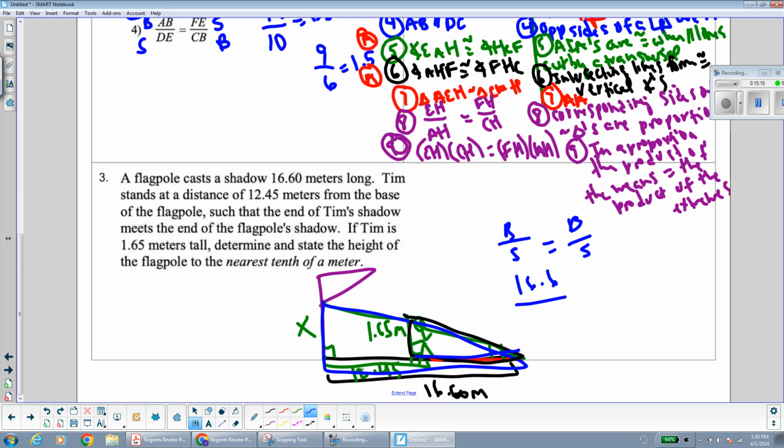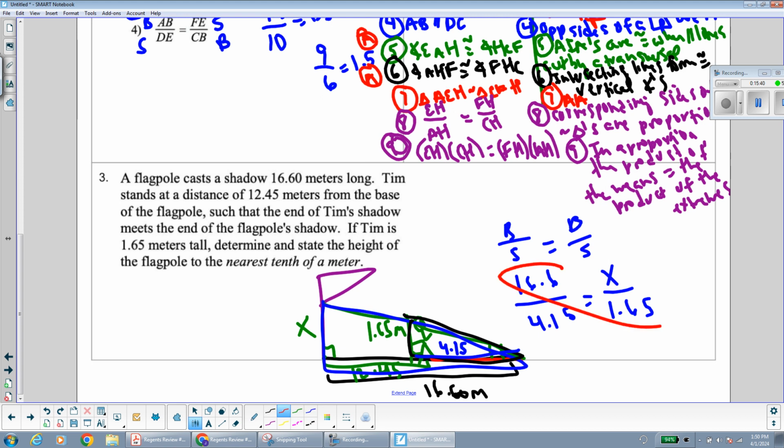So that's 16.60 minus 12.45, that is 4.15. Okay, now I'm going to use the x, which is from the big triangle, and the corresponding side from the small triangle is 1.65 meters.